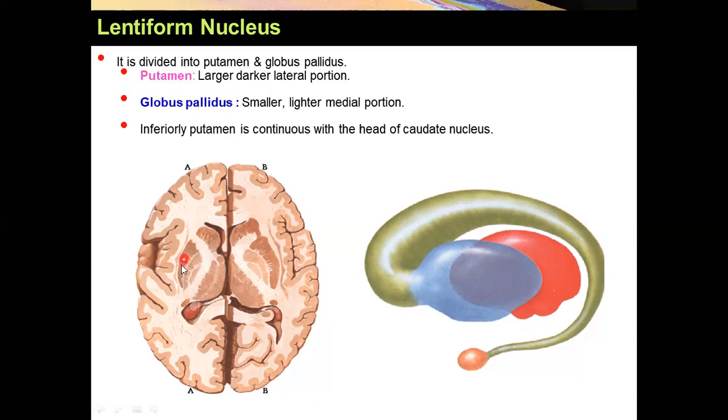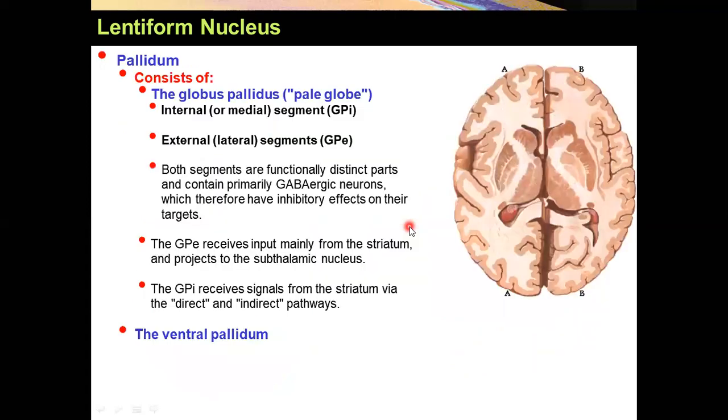There is the putamen. The globus pallidus means pale globe. As you see, it's the smaller, lighter, medial portion of the lentiform nucleus. Inferiorly, putamen is continuous with the head of caudate nucleus.